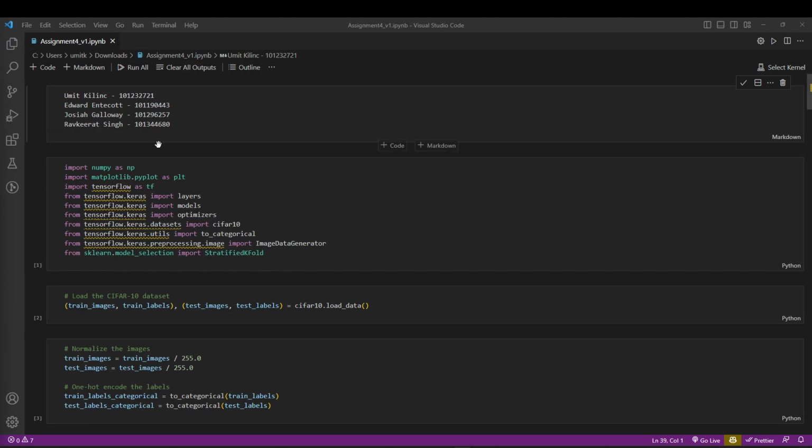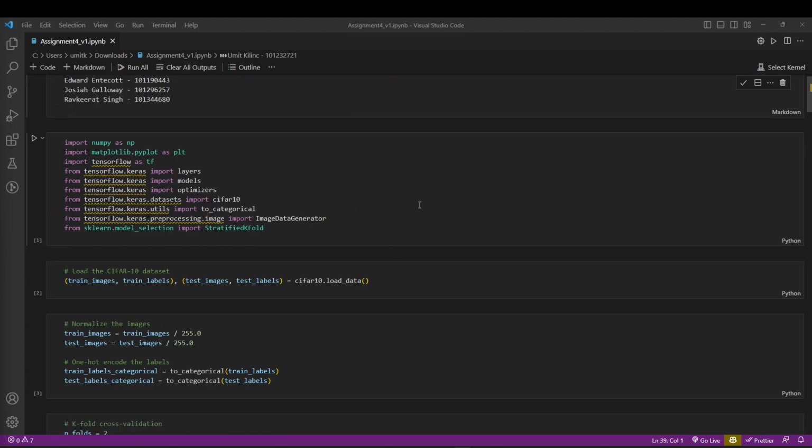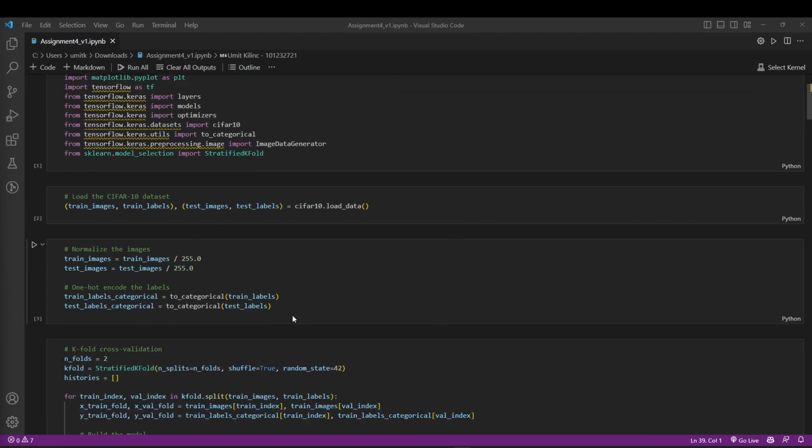First, we are importing the libraries that we need, and after that we're loading the CIFAR-10 dataset. We're saving it into train images, train labels, test images, and test labels. Then we are normalizing the images.